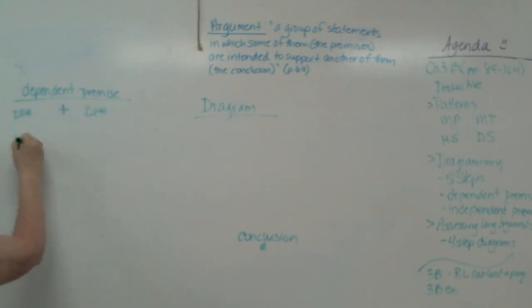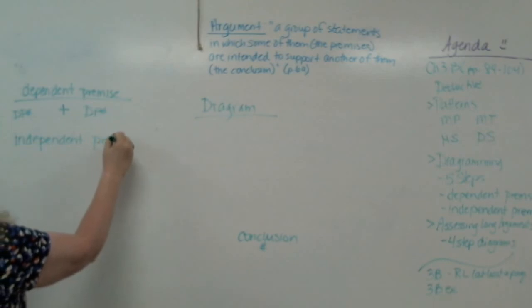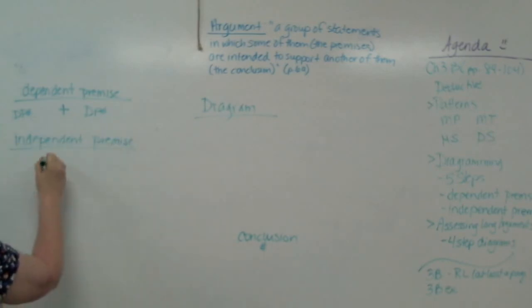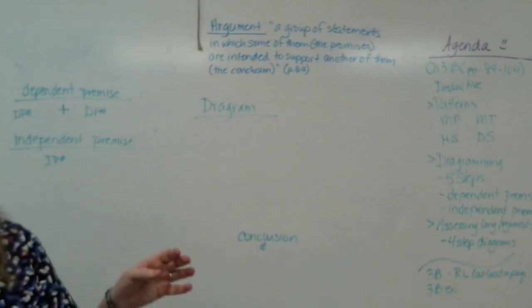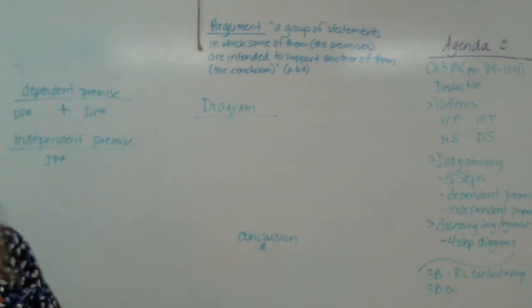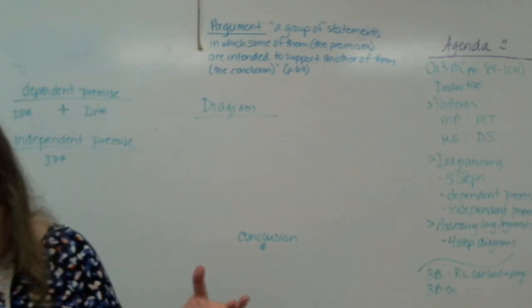An independent premise is probably easy to figure out. It's one that doesn't need anybody else. If you pull out any of the other premises, this one's still fine. If you pull it out, the other independent premises and dependent premises are fine.